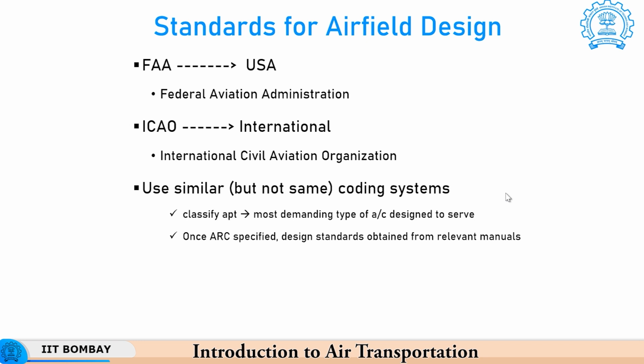So, the parameters or combination of parameters from the most critical aircraft are taken to classify the airport, and once an aerodrome reference code or ARC is specified, then there are standards available from the manuals.